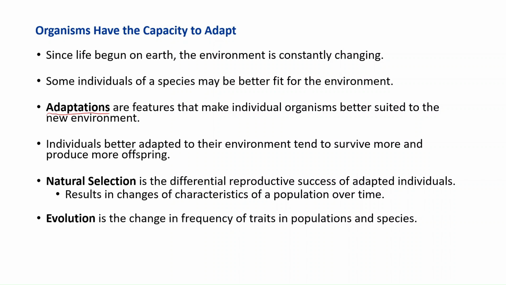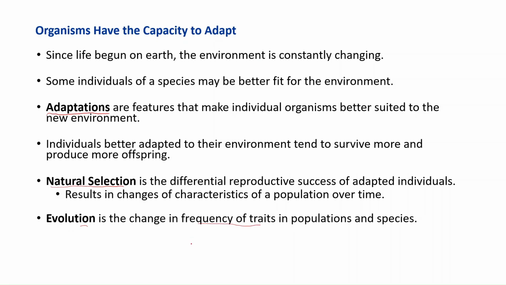This differential reproductive success is what we call natural selection. It seems to change the characteristics of a population over time. But I always warn students that, yes, sometimes mutations are involved, but most of the time all you're changing, as I put here for evolution, is the frequency of traits.